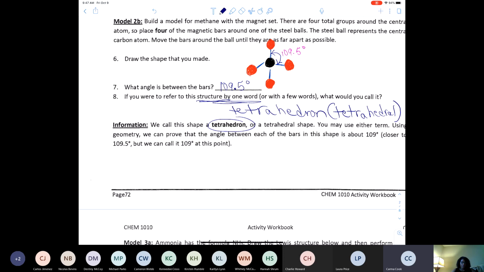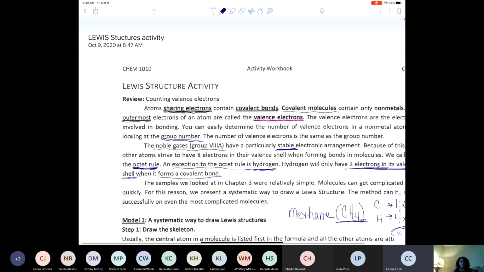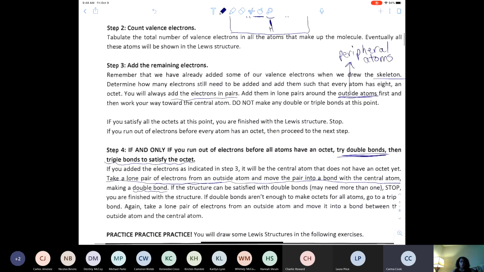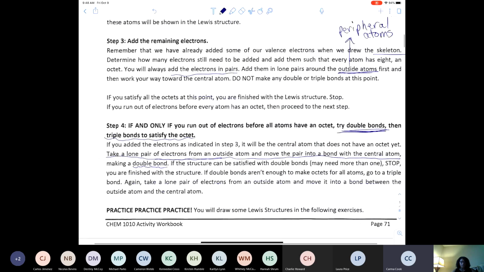These are the same types of questions that you're going to answer for each molecular compound that we're drawing the Lewis structure for today. I've done the first model with you, which was just going over the instructions for drawing Lewis structures.